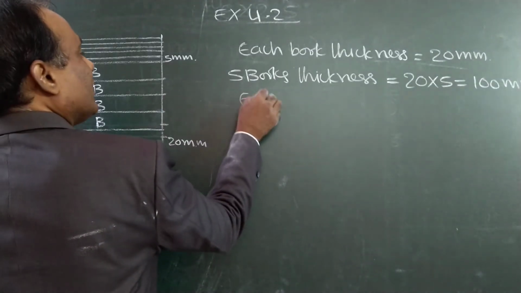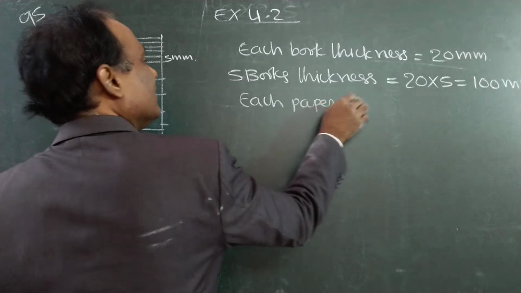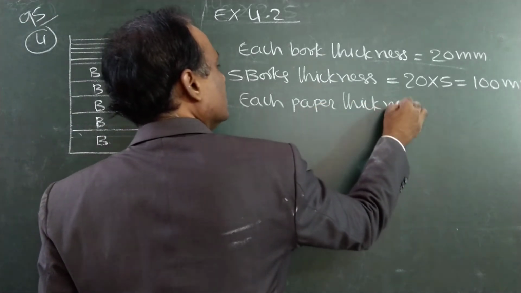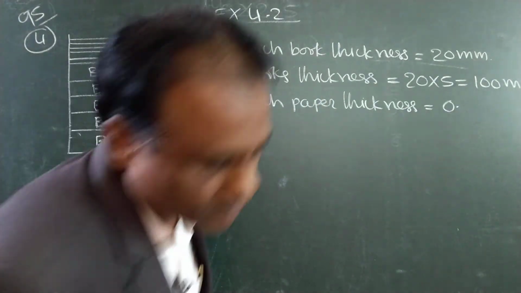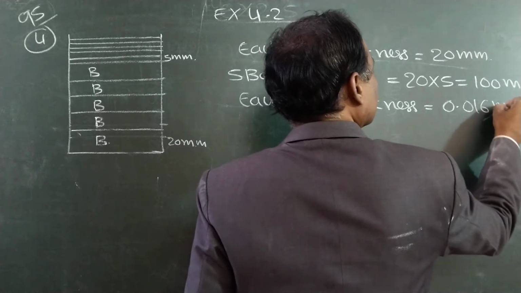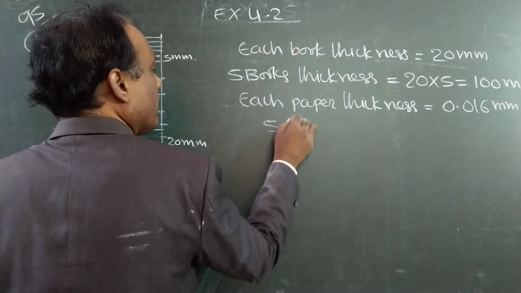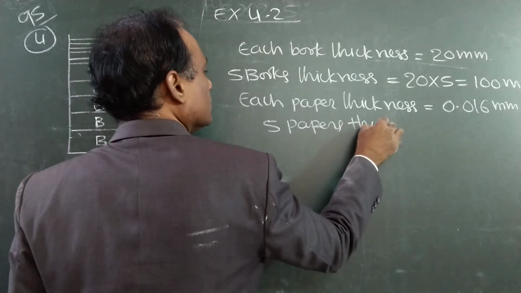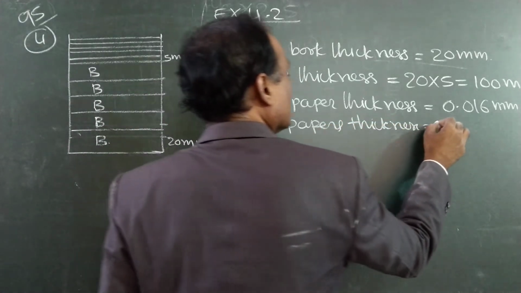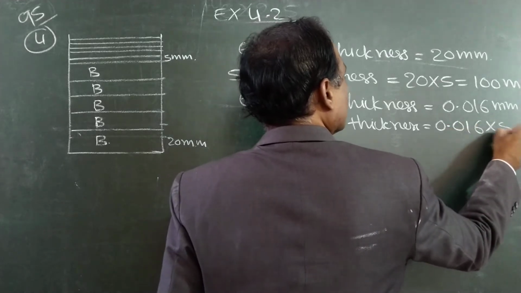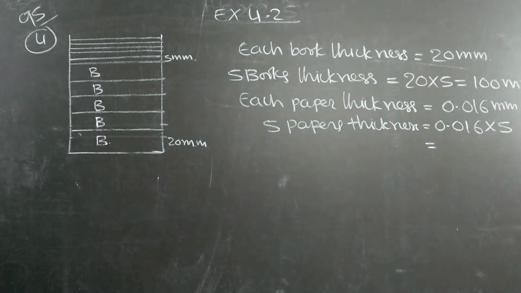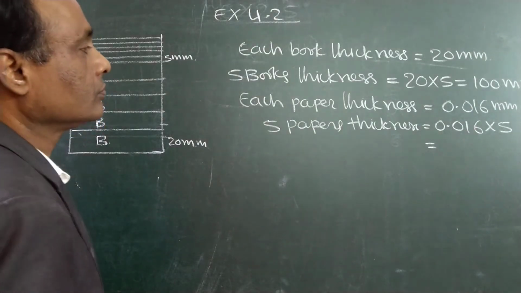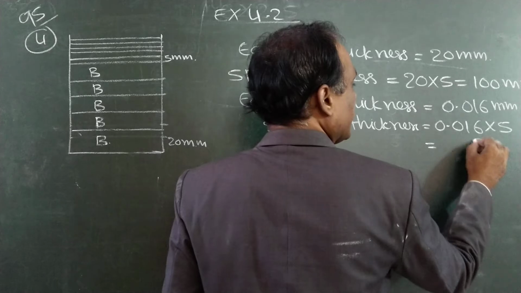The same for the papers also. Five papers. 5 into 16, 80.